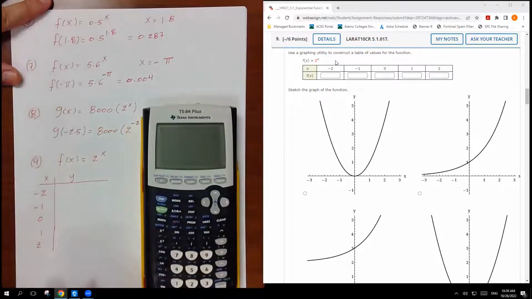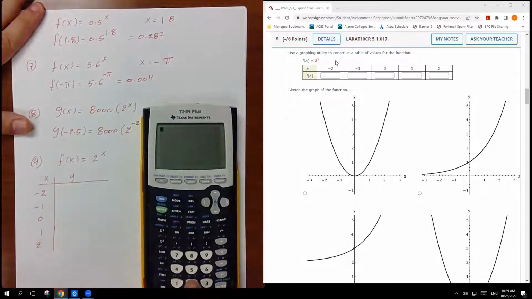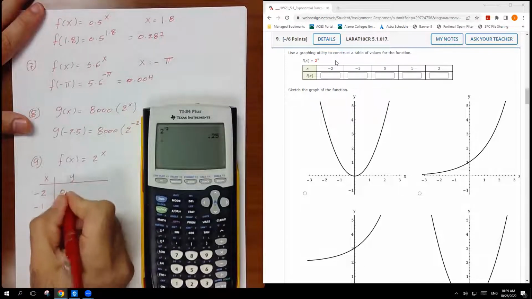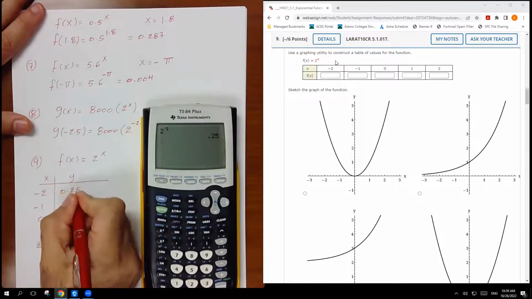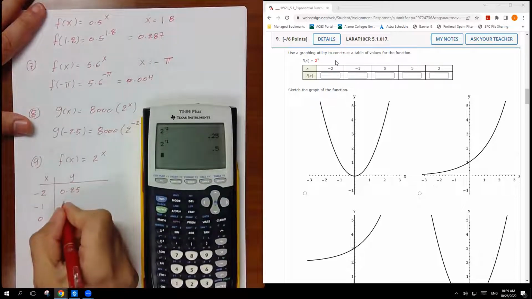Now we're going to work with this function 2 to the power x. So the first one is going to be 2 to the power -2, which is equal to 0.25. The second one, we're going to plug in -1. So it's going to be 2 to the exponent -1, and the result is going to be 0.5.